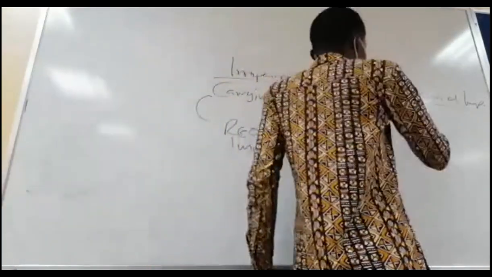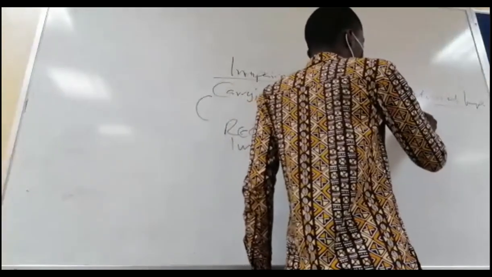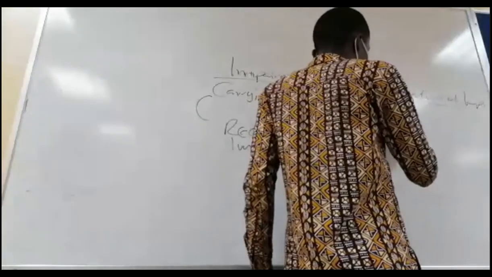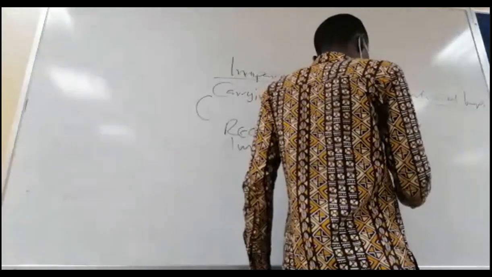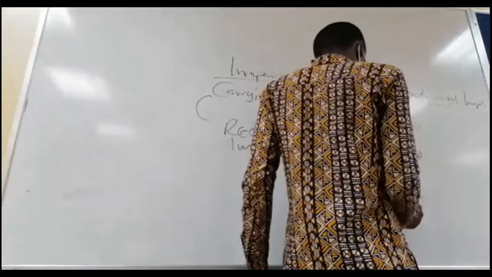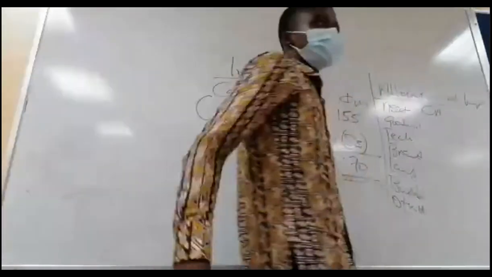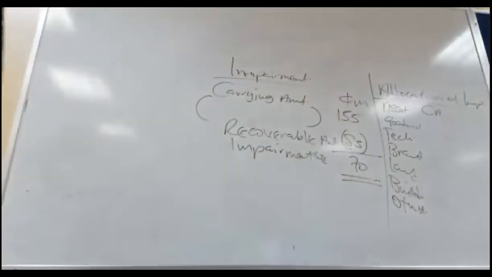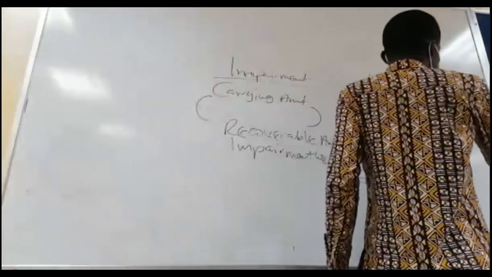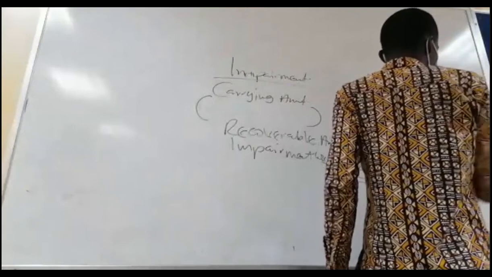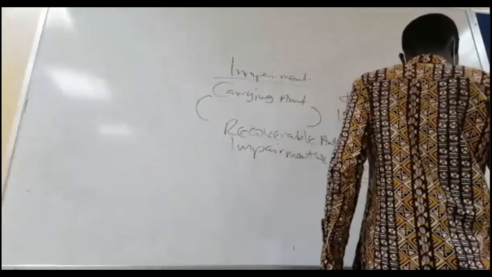First, record all the assets in question. List them again: goodwill, technology, brand, land, building, and other assets. Bring the carrying amount before impairment, then the impairment itself, and the carrying amount after impairment. That is it. So this is how we are going to do it.